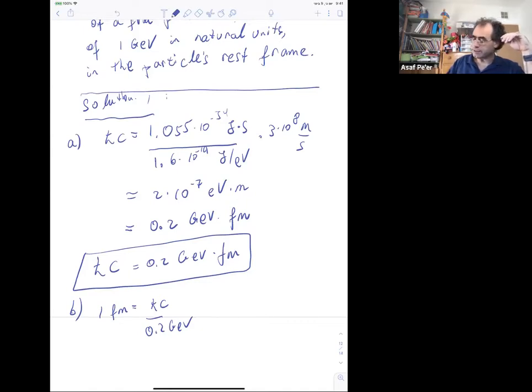But H bar C is just 1, so it's just 1 over 0.2 GeV, which is 5 GeV to the minus 1. So again, you see that these things nicely match into numbers of the order of unity when we speak about GeVs and femtometers.